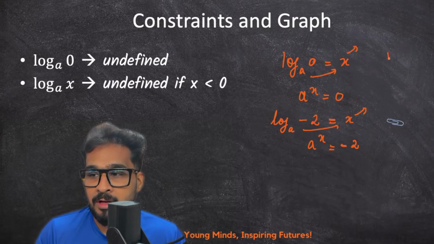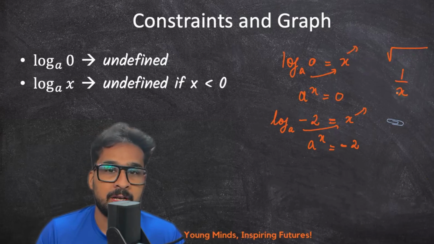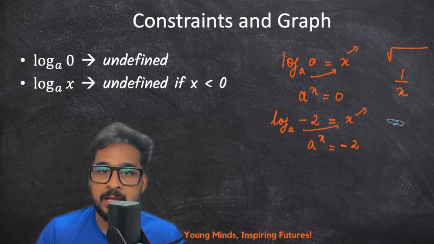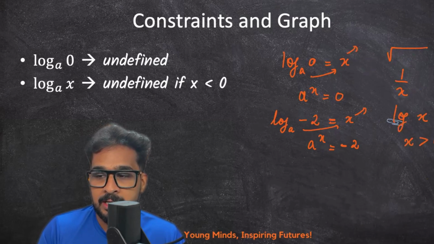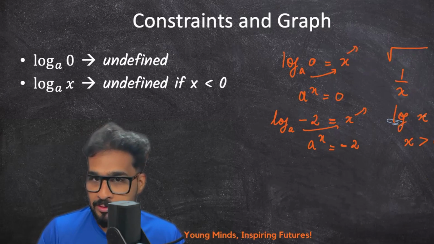Like whenever a square root is there, we will not allow negative numbers inside the square root. And when 1 by x is there, we automatically say x will not be equal to 0. These are some constraints in mathematics, right? Similarly, if I am defining logarithm of x, x will always be strictly greater than 0. X cannot be 0. X can never be less than 0 also.